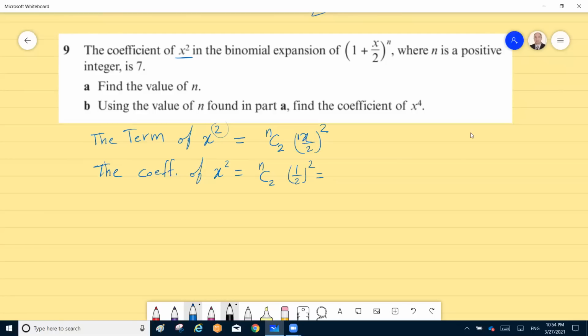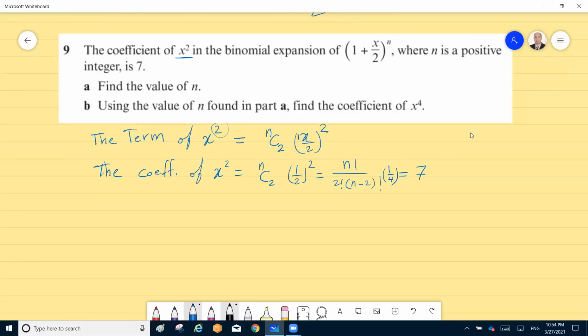The nC2 is n factorial over 2 factorial into (n minus 2) factorial. This coefficient is really equal to 7. Oh, I forgot to write that 1 over 2 squared is 1 over 4 here, don't forget.